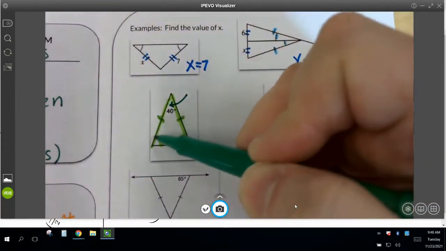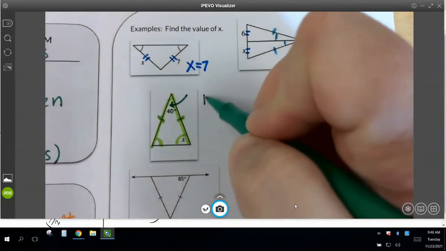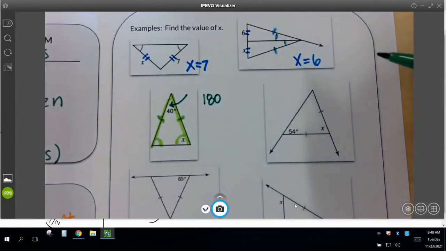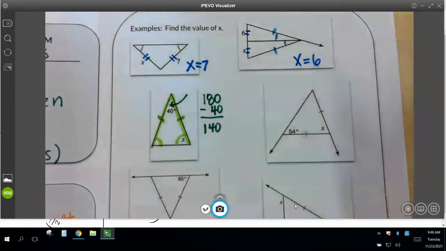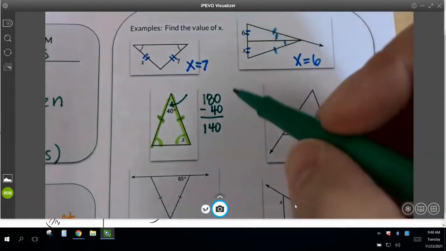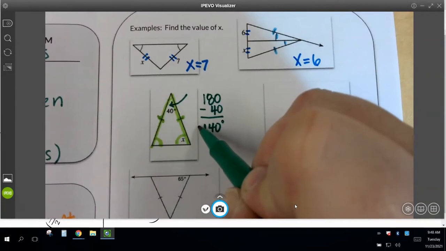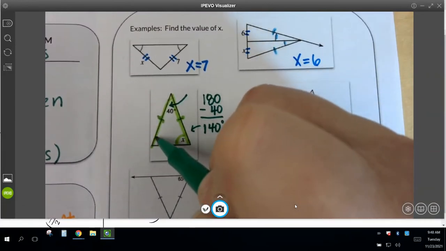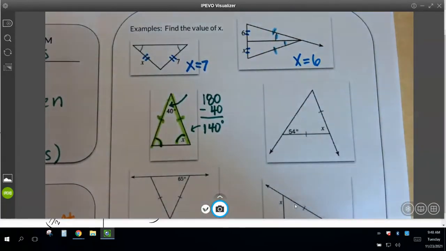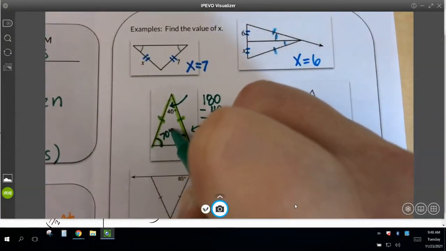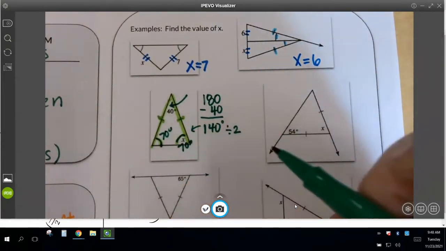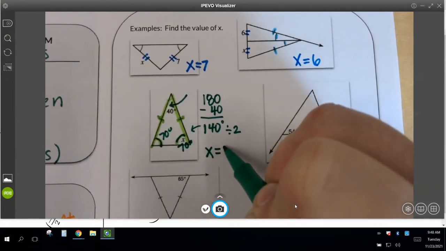We know all three angles of the triangle add up to 180 degrees. So if we start with 180 and subtract the 40, you'll end up with 140 degrees. This 140 degrees has to be divided equally amongst the two base angles. So if we divide this by 2, each of these angles then would be 70 degrees down here. So x in this problem would be 70.